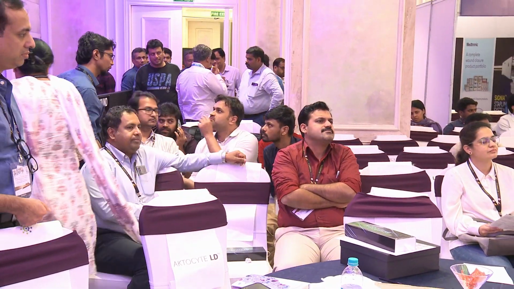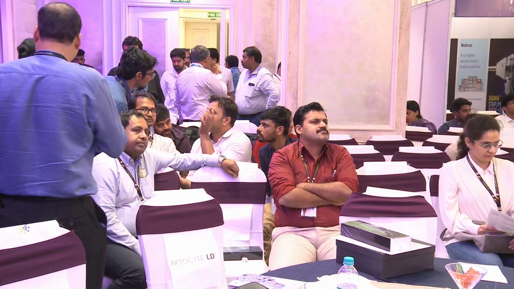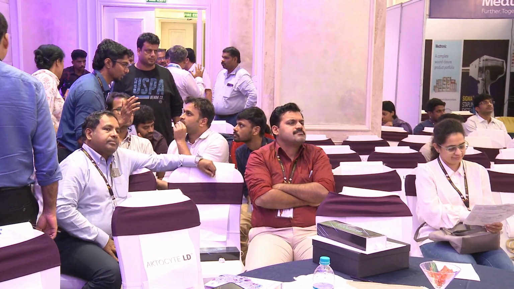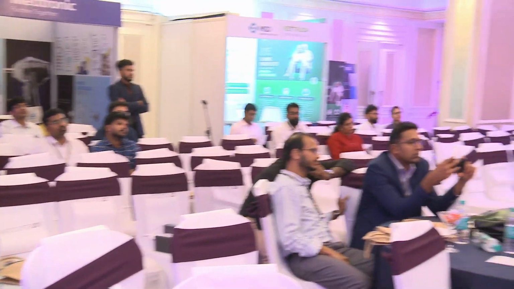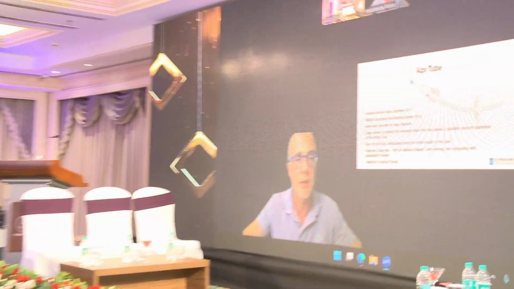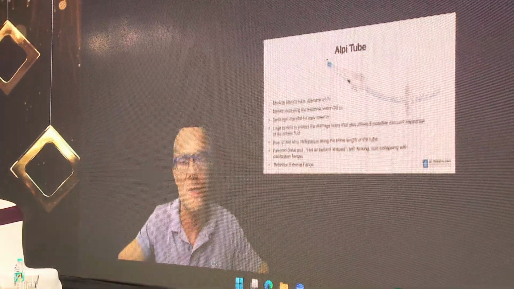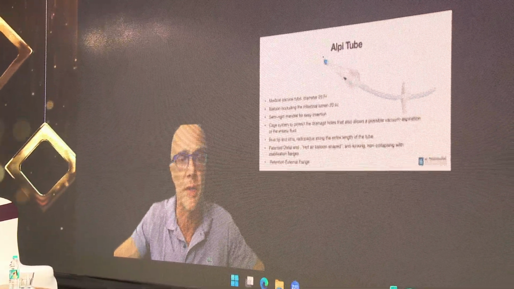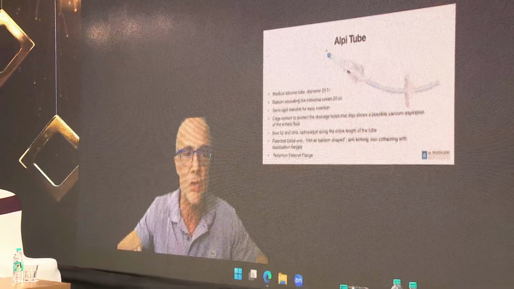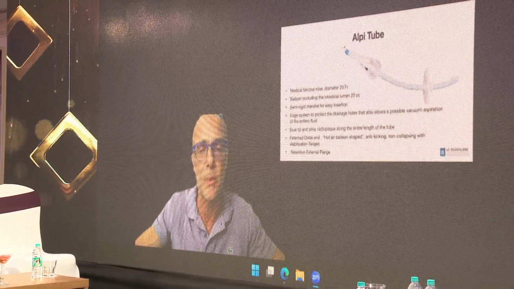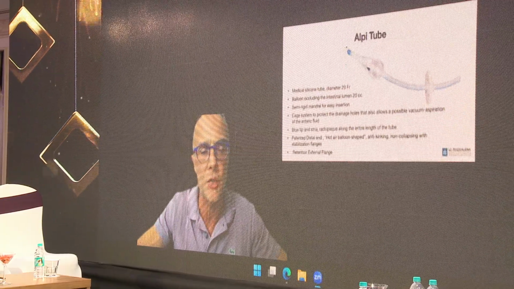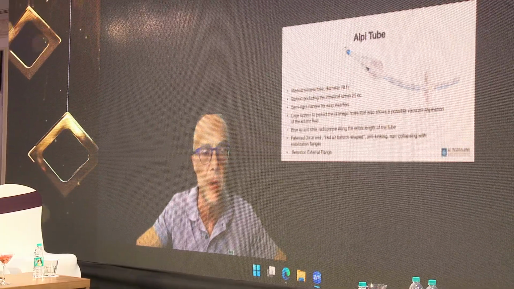So the ALPI tube is a medical silicone tube with a diameter of 20 French, with a 20 cc balloon occluding the intestinal lumen, with a semi-rigid mandrel for easy insertion of the device, and a cage system to protect the drainage holes that also allows a possible vacuum aspiration of the enteric fluid if we need.